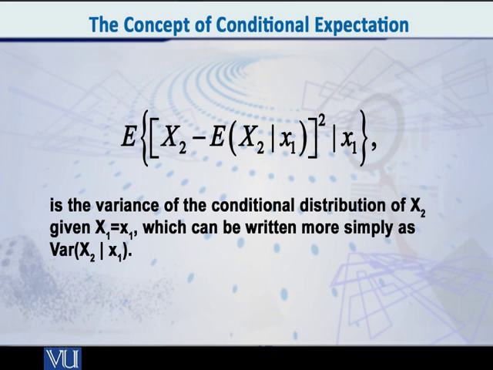Now, since this is the conditional variance, we can call it or denote it by VAR, variance of x2 given small x1.